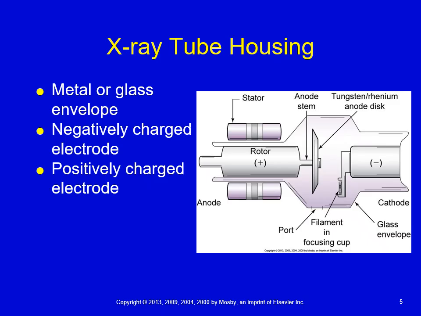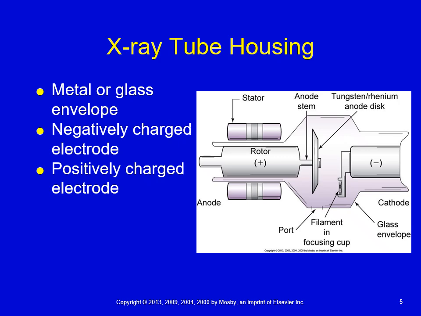All right, within the housing or within that insert, it is filled with oil. So the tube itself, which is featured here, is immersed in an oil bath, and that housing and the oil bath provide not only what we consider electrical insulation, they also provide heat protection for the tube.